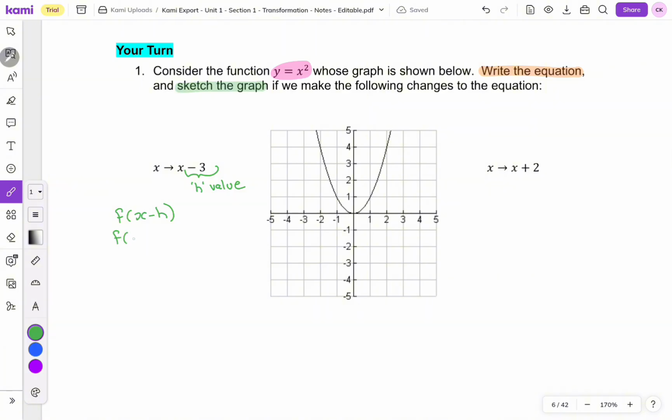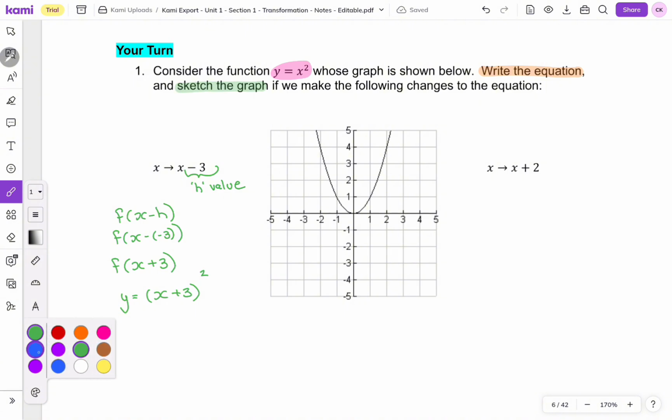So it would be f of x minus negative 3, which means I would have f of x plus 3. And remember, they gave us a specific function, which is x squared. So I'm replacing x with x plus 3, and my squared is going to go on the outside.